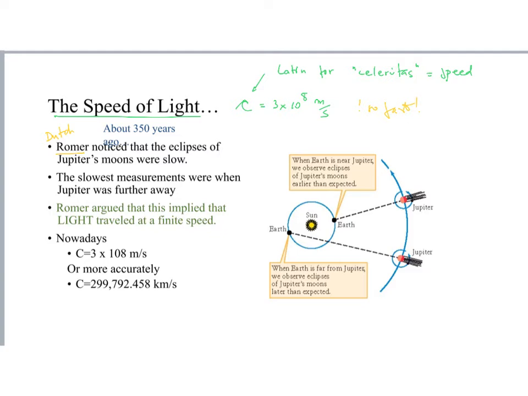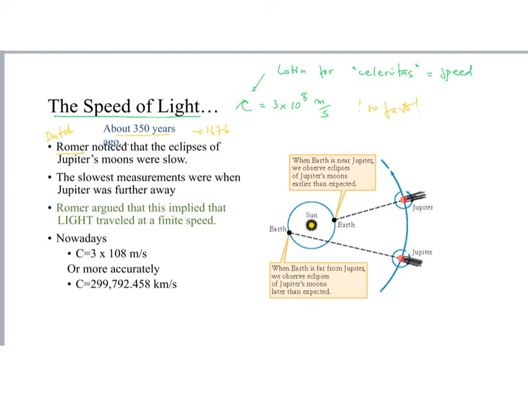At that time, there wasn't really much difference between whether you're just studying life, or studying things that exist and move around you. All right, so it says here about 350 years ago. Actually, Romer's experiments or notes on celeritas were from 1676.